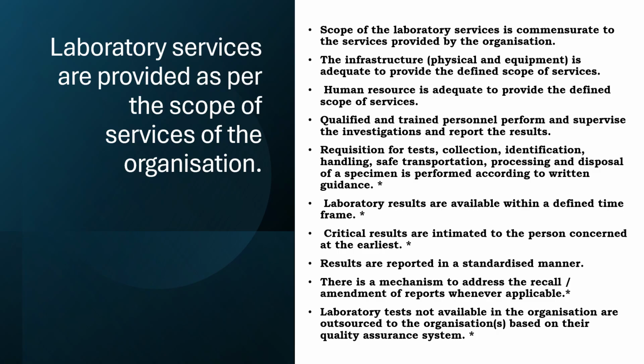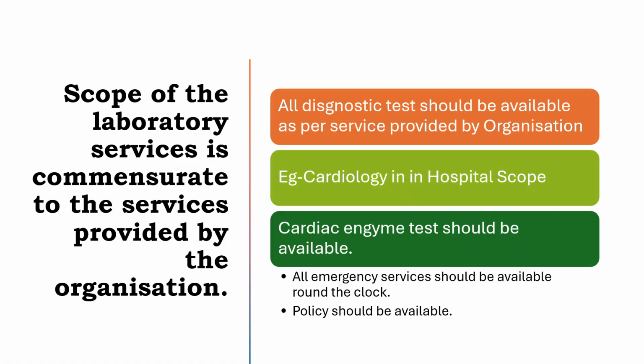Requisition, test collection, identification, handling, for that SOP should be there. Laboratory results are available within a defined time frame. Critical results reporting, results are reported in a standardized manner, and there is a mechanism for the recall. And the laboratory test, whatever is outsourced, should have a separate SOP. Let's see one by one.